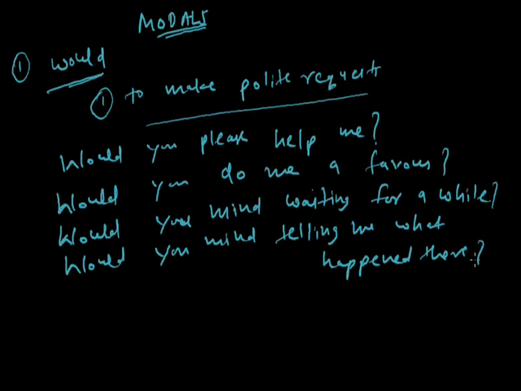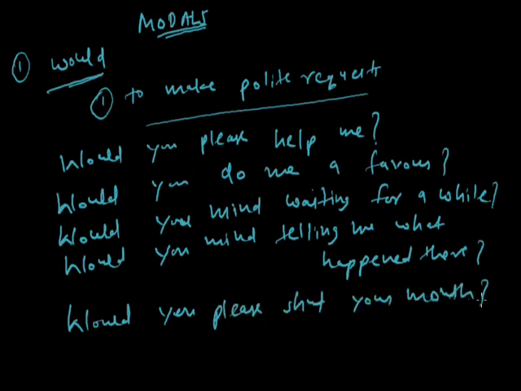You can say, would you mind telling me what happened there? Or you can also say, would you tell me what happened there? Clear? Would you please shut your mouth? So the first use of would is to make polite requests, and I hope that is clear to you now.